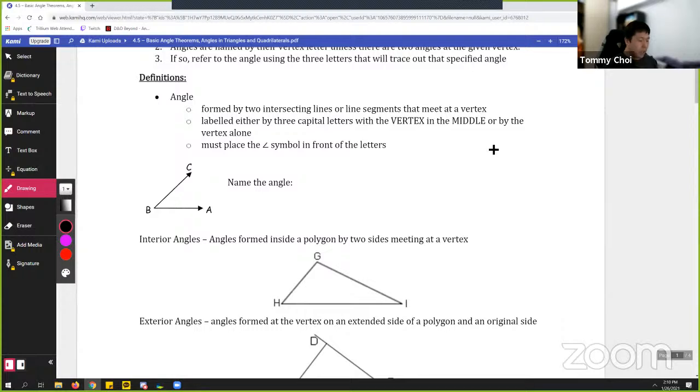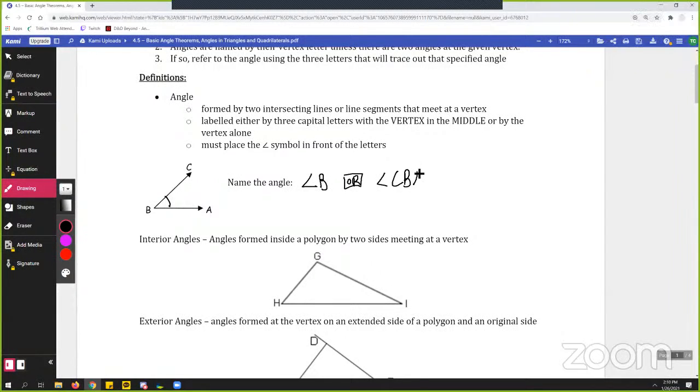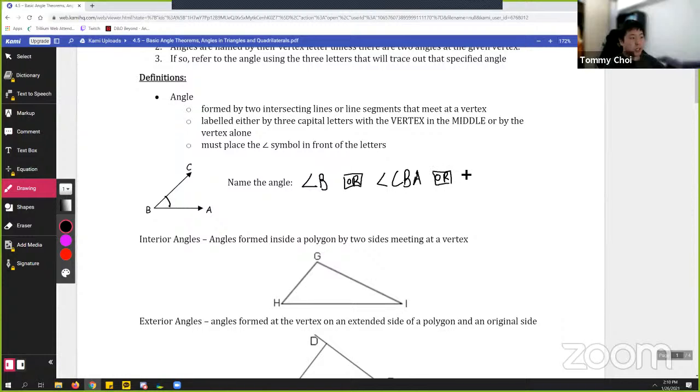So this could be notated in different ways. If we have this angle here, this is the angle we're talking about. We can call that angle B. Or we can call that angle CBA. Or it doesn't have to be CBA. We can call it ABC. The order doesn't matter.